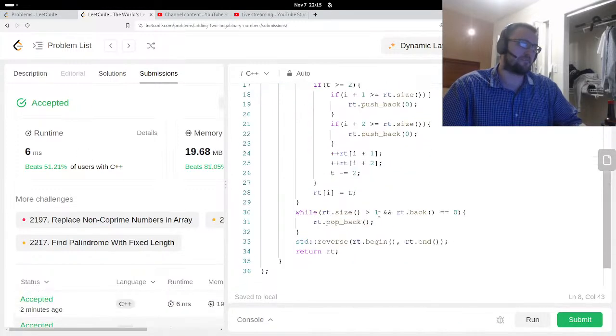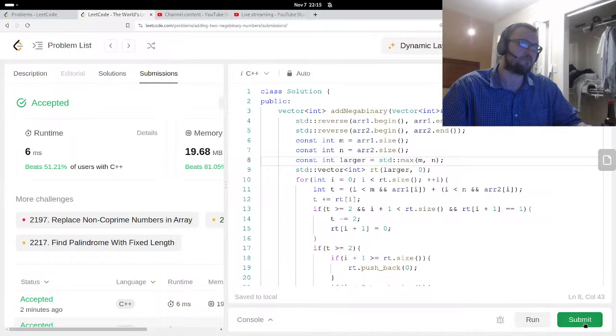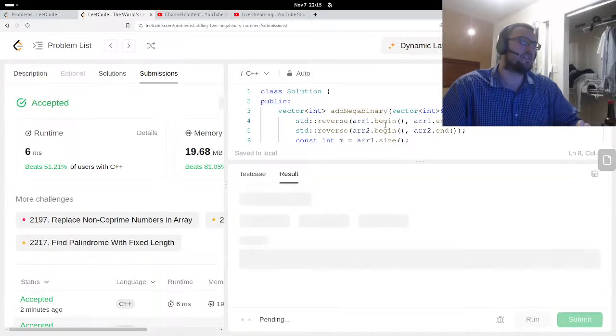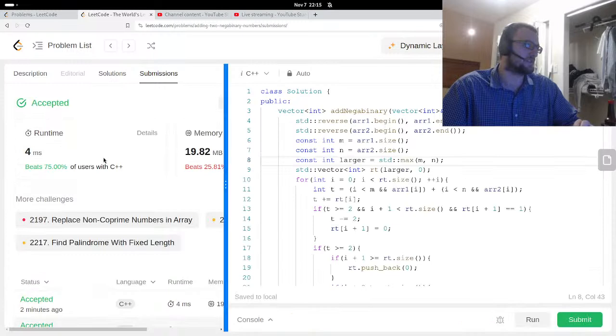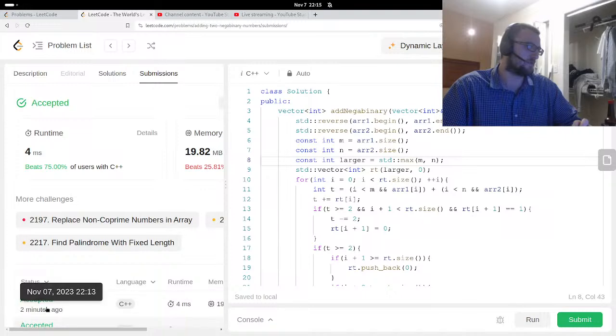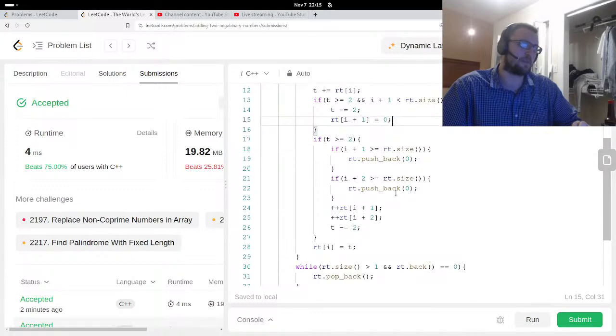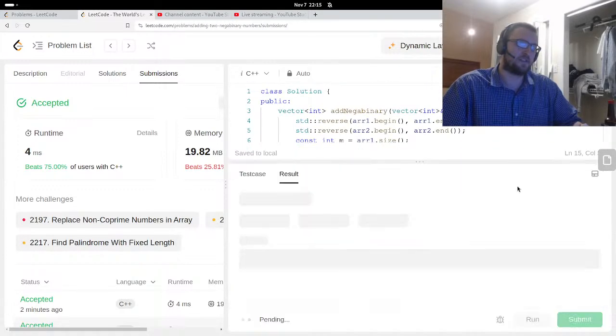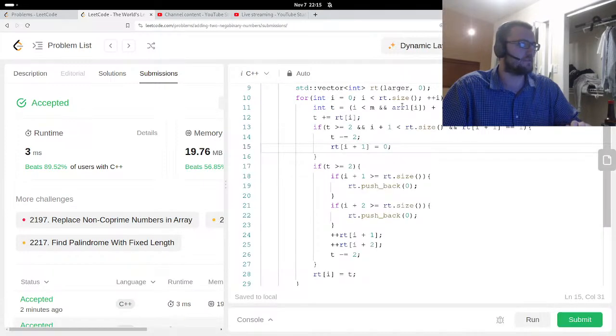A lot of reversing, probably not the best. 4 milliseconds is kind of slow. How many times did I do this? Maybe not the best solution. Almost there. I'll submit it a few more times. I'll get the 100%.